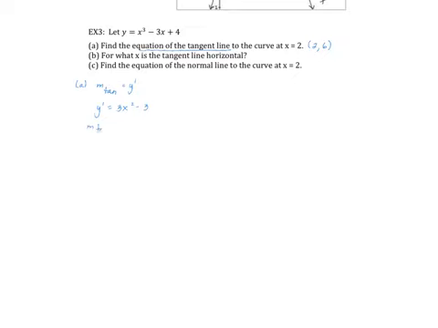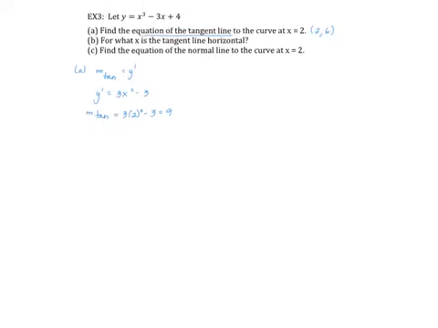So the slope of our tangent line is going to be 3 times 2 squared minus 3, which is equal to 9. So now we have a point and we have a slope. We can write the equation of our tangent line, which would be y minus 6 equals 9 times (x minus 2). And typically we want to simplify this and write it in slope-intercept form.